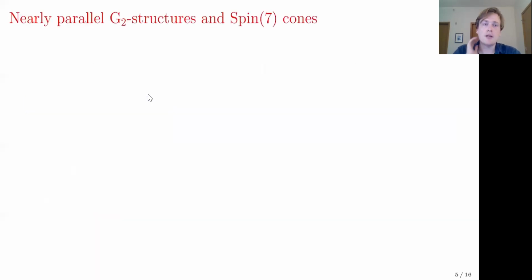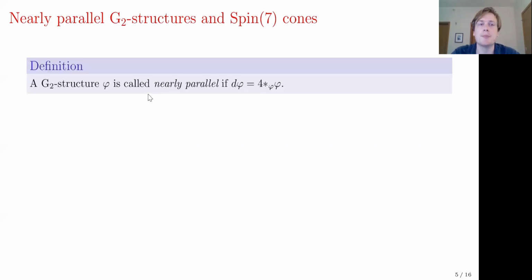So the condition to admit just a general G2 structure is, as I say, fairly weak, but there are special classes of G2 structures which are particularly interesting. And the class that we're interested in this talk is the class of nearly parallel G2 structures. We'll say that a G2 structure phi is nearly parallel if when you take the exterior derivative of the 3-form phi, you get 4 times the Hodge star of phi itself.